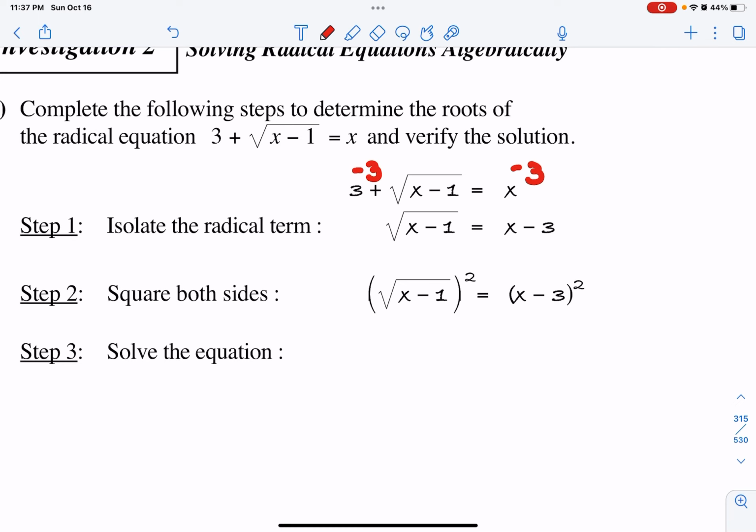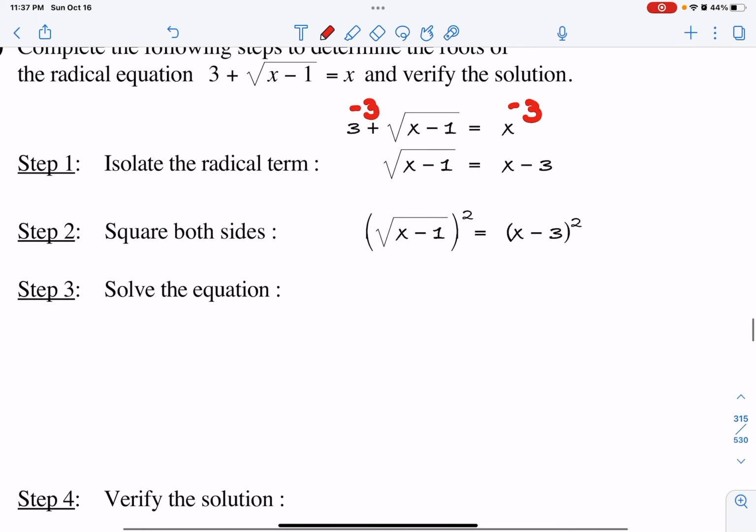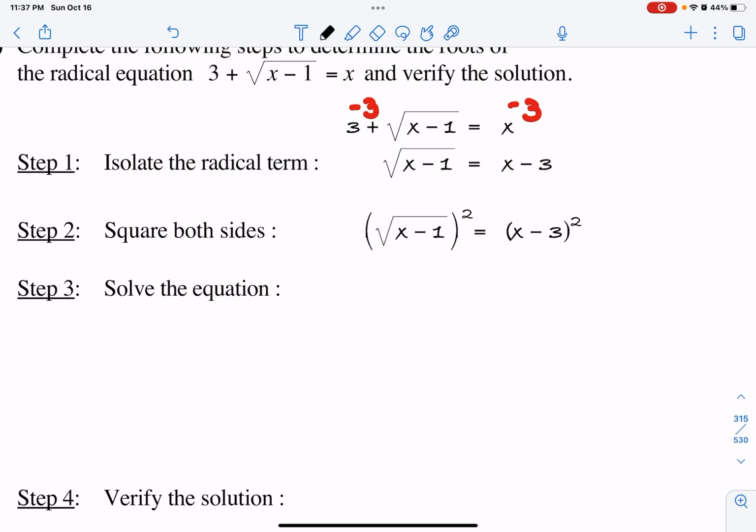We then replicate the step from the previous problem and we square both sides to get rid of the radical. And now we can take this from here. x minus 1, because our square and our square root cancel, is equal to x minus 3 times x minus 3, or x minus 3 squared.